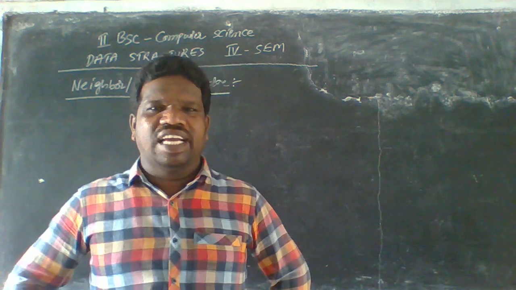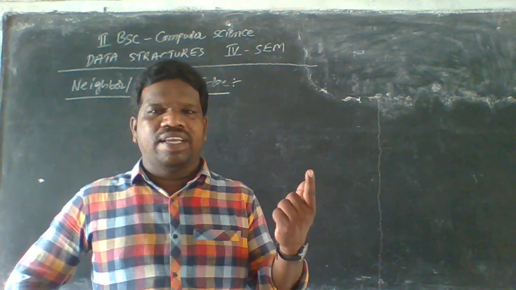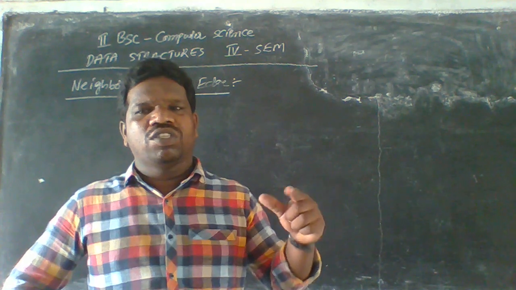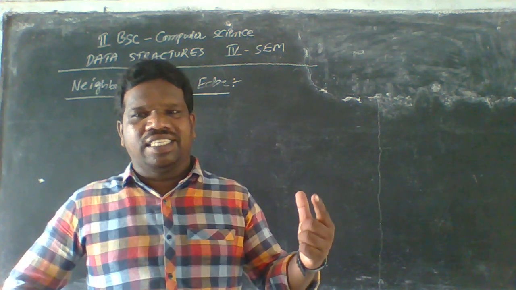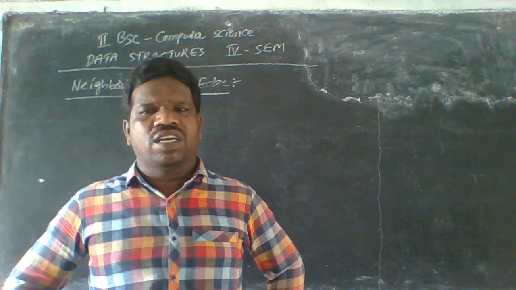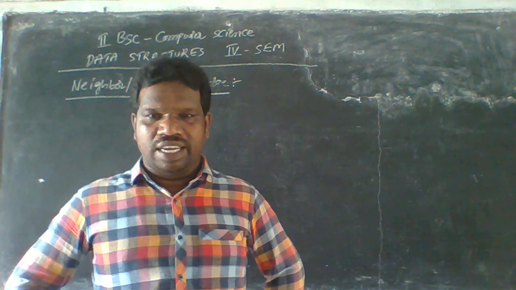If two nodes are connected by an edge, then those two nodes are said to be adjacent. That is, two nodes V1 and V2 are adjacent if there is an edge between them.